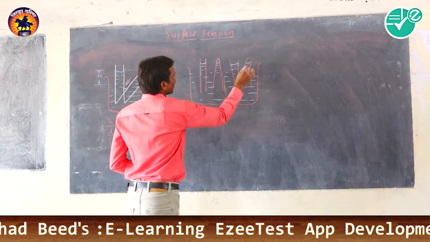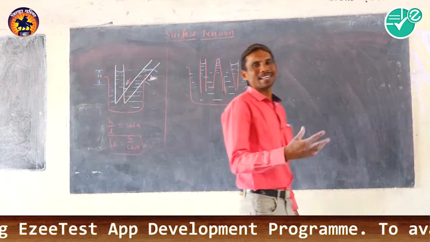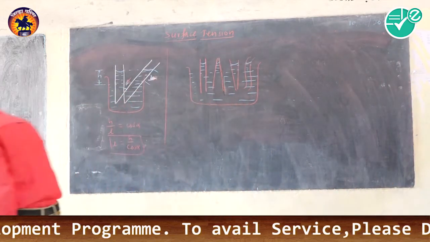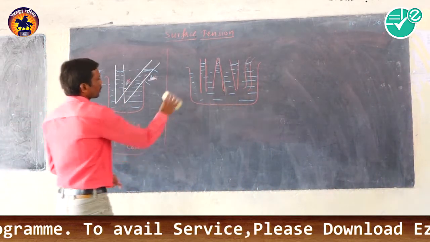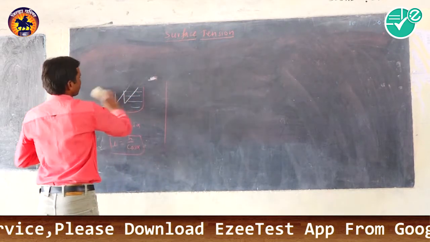It means the shape of the glass capillary tube does not affect the rise of the liquid inside the capillary tube. Then we shall see the factors affecting surface tension.